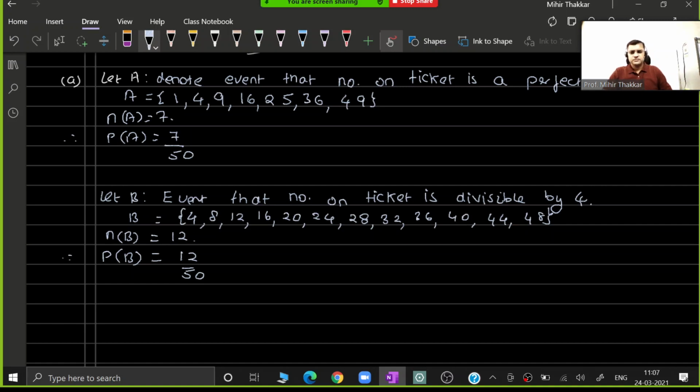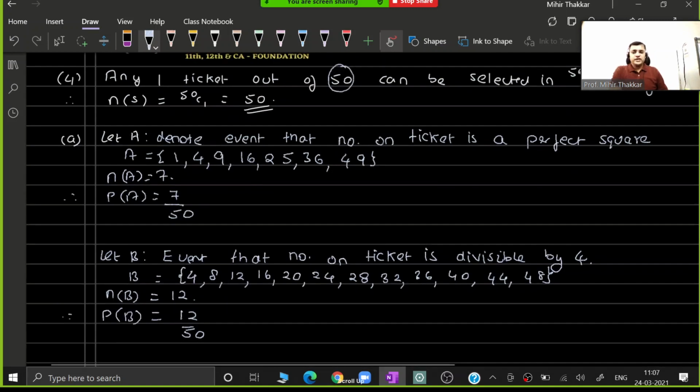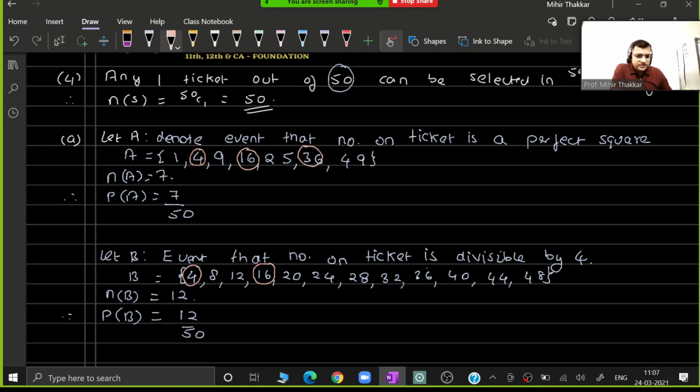So let it be. I have to check if A and B are having any common outcomes or not. So let us go through it. Yes, I know that 4 is a perfect square as well as it is divisible by 4. 16 over there is a perfect square as well as it is divisible by 4. 36 is a perfect square and also divisible by 4.